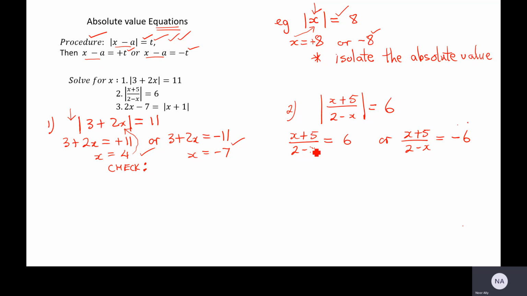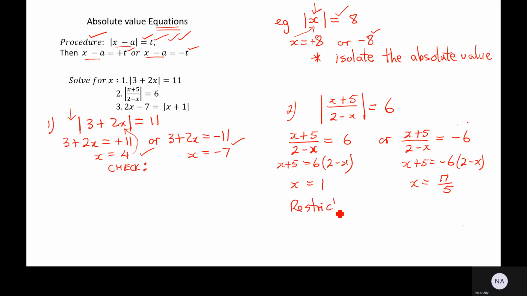Normally, this is not an inequality, it's an equal to sign. So I can cross multiply 6 times 2 minus x. And then here, you can work this out and double check. I get x equal to 1. On this side, x plus 5 equals negative 6 times 2 minus x. Here I get x is equal to 17 over 5.